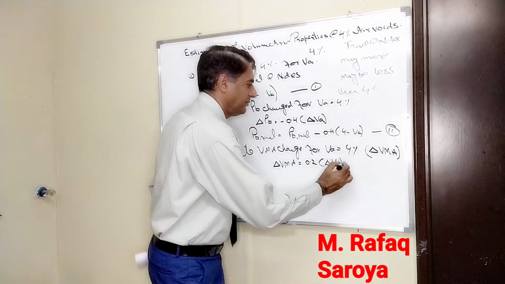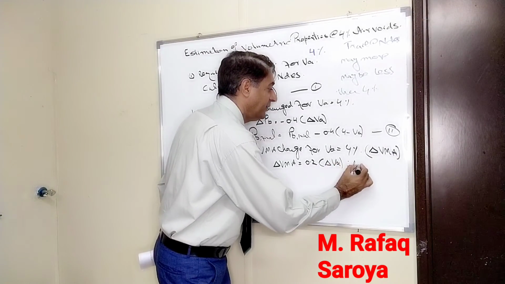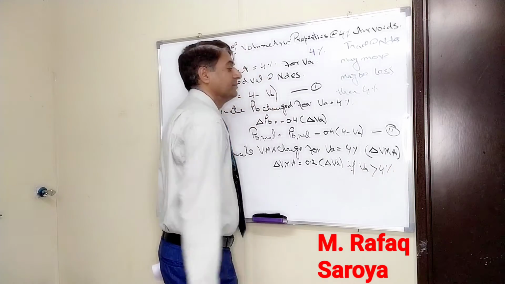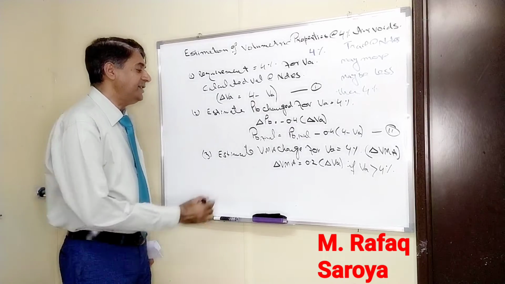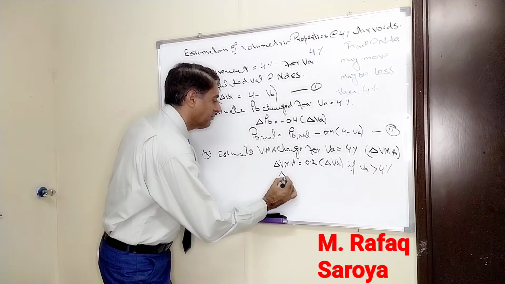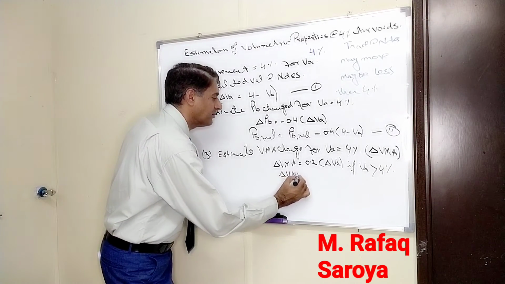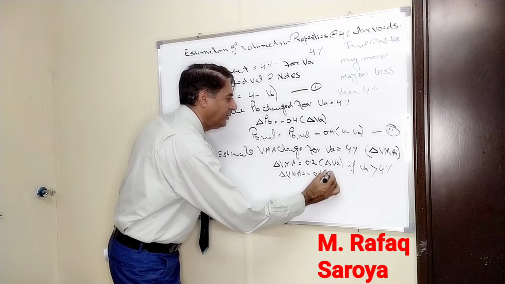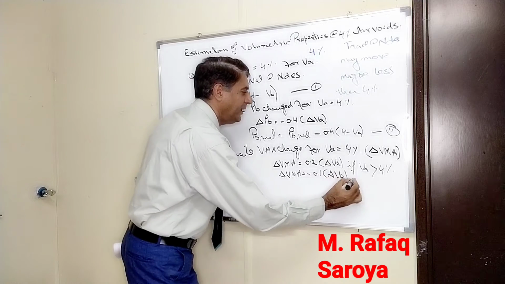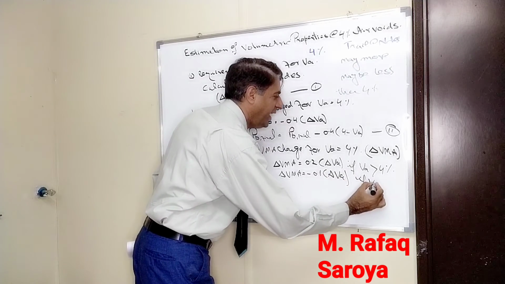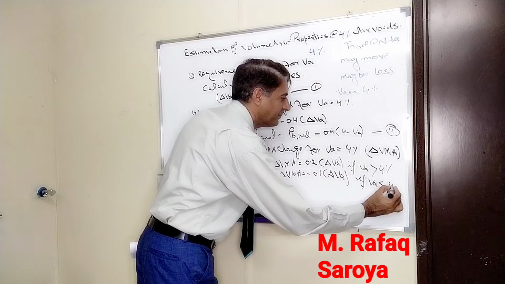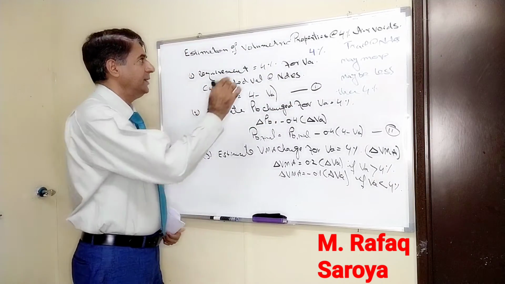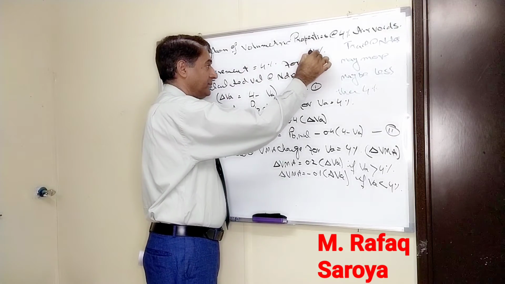if the condition is VA greater than 4%, and this delta VMA is equal to negative of 0.1 into delta VA if my air void is less than 4%. Try to understand one thing. This is my target.